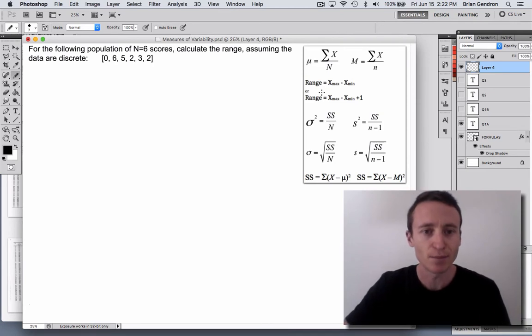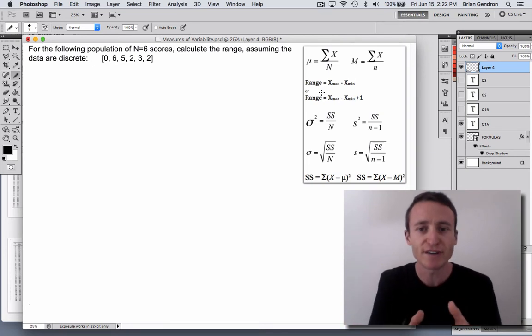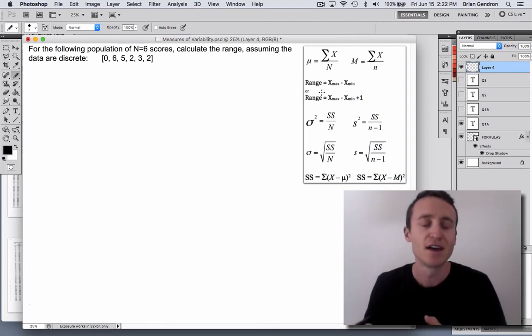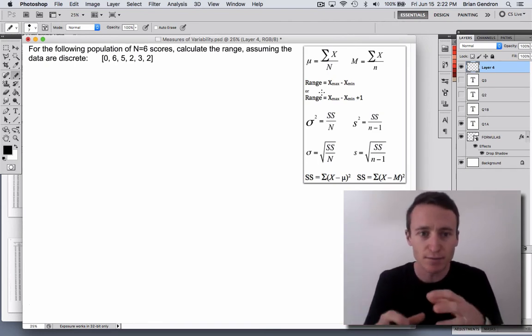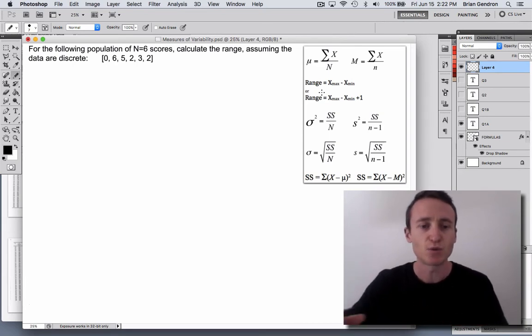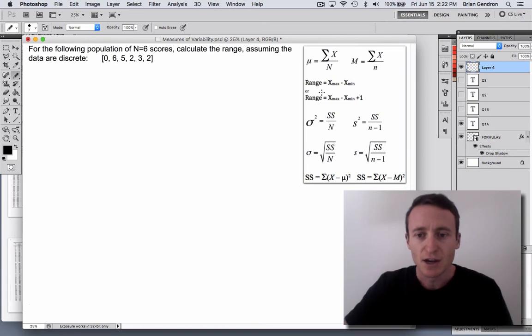For example, this might be number of siblings. So you have to have a whole number. It's a discrete value. You can't have 1.3 siblings. You can have one sibling, you can have two siblings, and there's nothing in between the whole numbers. So that's what makes this data set discrete. And you have two formulas for the range.